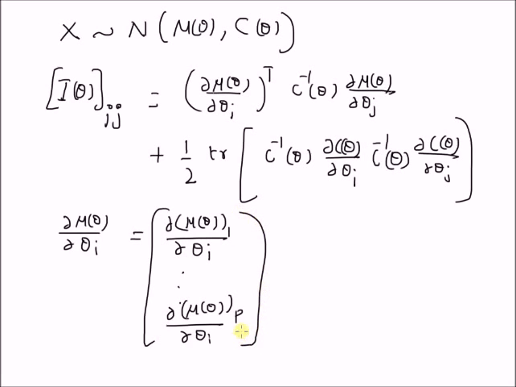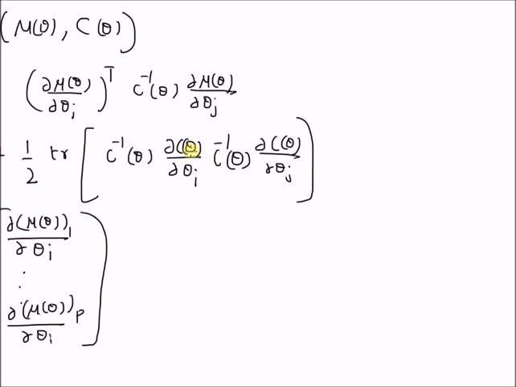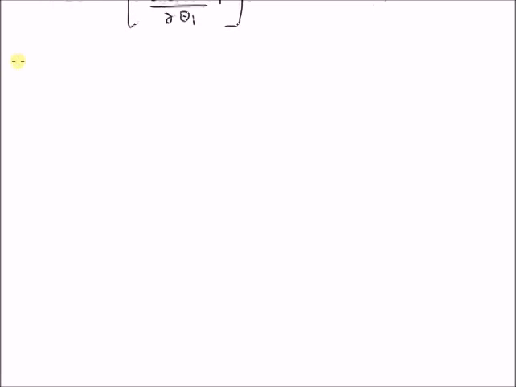Therefore, the derivative of the mean vector with respect to theta i is a vector that has these elements. The derivative of the covariance matrix with respect to theta i is again a matrix whose elements are defined by the following structure: the element in the kth row and lth column of the covariance matrix is differentiated with respect to theta i, and that forms the element in the kth row and lth column of the derivative matrix. Now let us look at the proof.